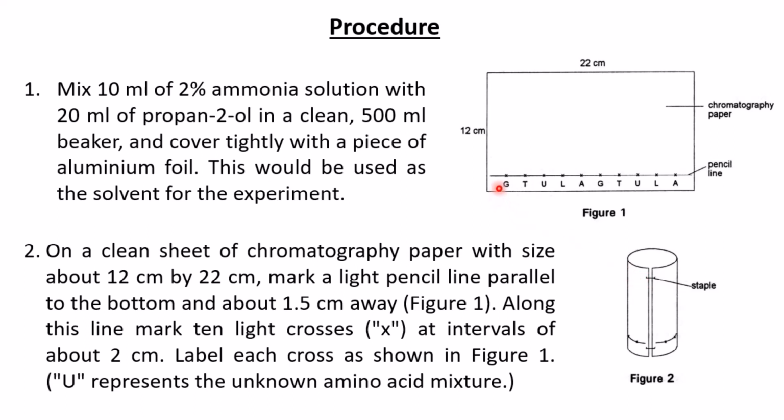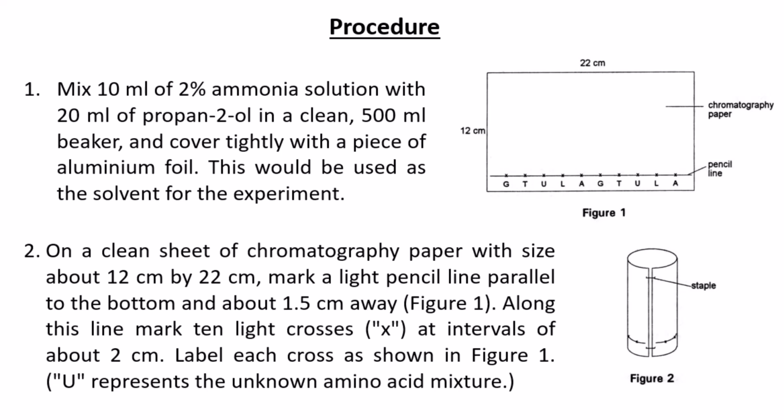After spotting this with our amino acids, we are going to end up stapling this. We fold it into a cylinder and then staple it with a stapler, and then we add it to our developing chamber by ensuring that the edges of the plate or our paper is not touching the walls of our container, right?